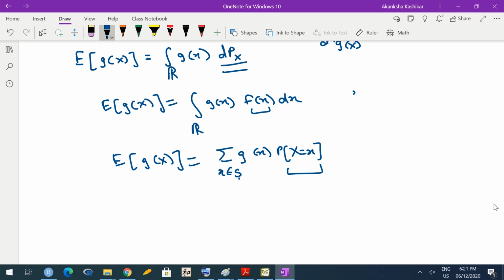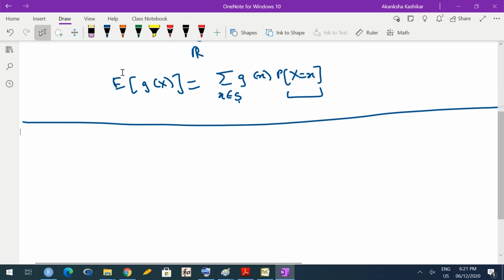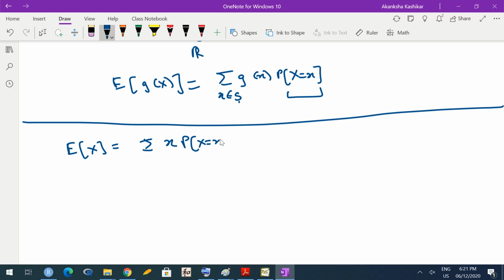Another couple of important formulas that we are going to see today. Suppose I have a discrete random variable whose support is 0, 1, 2, up to infinity, so all non-negative integers. Then we know that expectation of X is the sum over x of x times probability of X equal to x, where x goes from 0 to infinity.